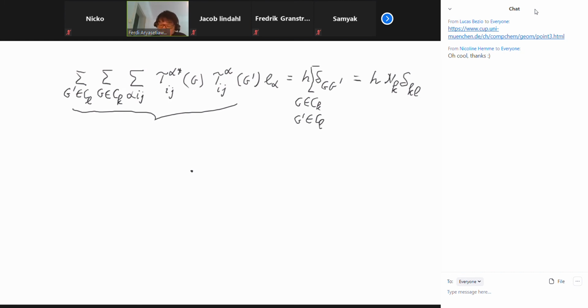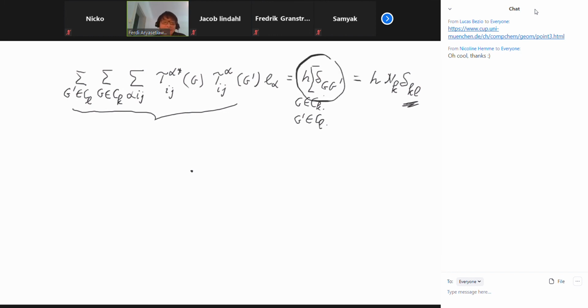Okay, so what I'm trying to say here is that if the G and the G prime belong to two different classes, then of course they will be 0. Because you remember that a group element cannot belong to more than one class. So if the K and the L are different, then this sum here is 0.